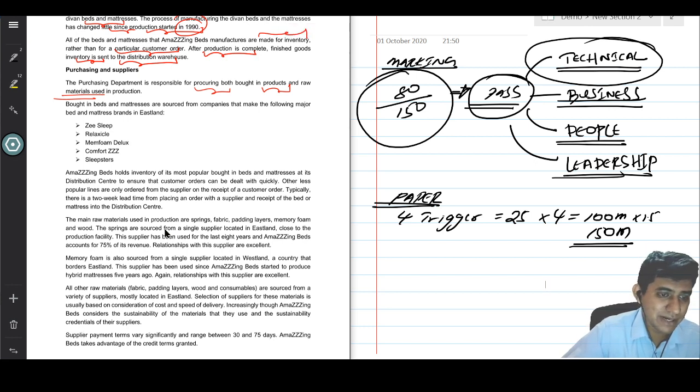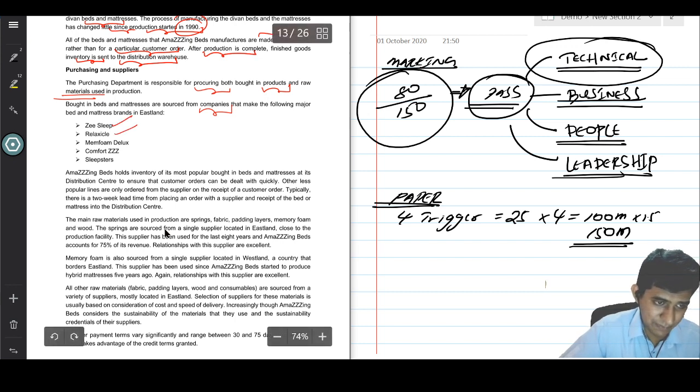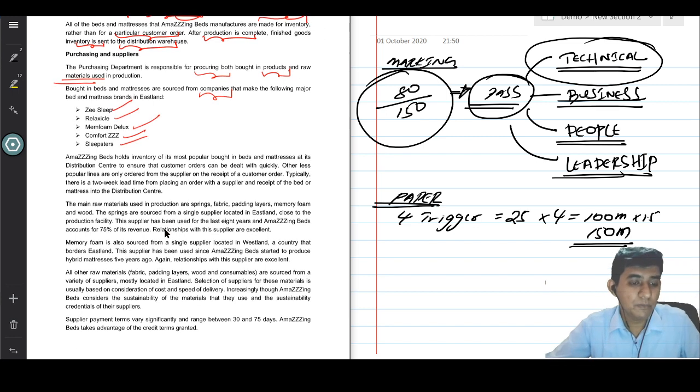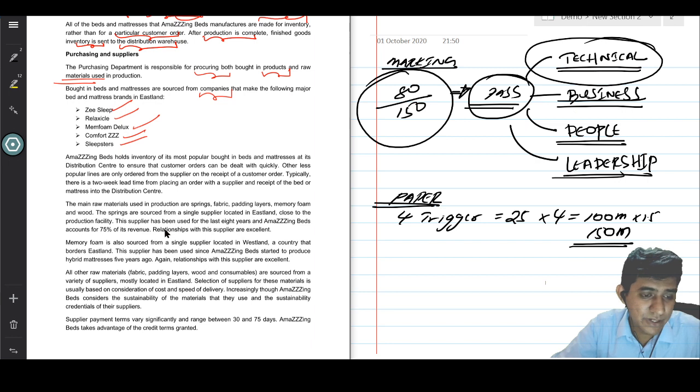Bought-in beds and mattresses are sourced from companies that make the following major beds and mattresses. So they are giving the names: Z Sleep, Relaxi, Memeform Deluxe, Comfort ZZ, and Sleepster. Amazing Bed holds inventory for the most popular bought-in beds and mattresses in its distribution center to ensure that customer orders can be dealt with quickly.